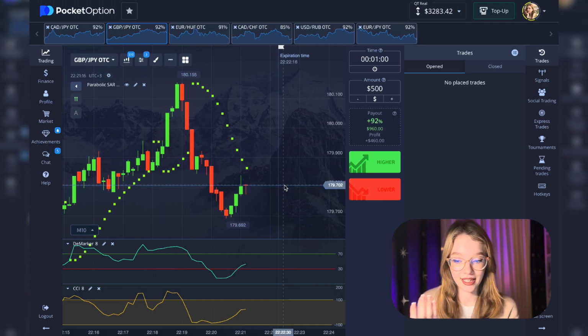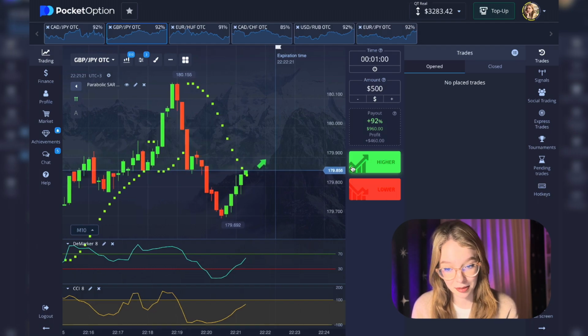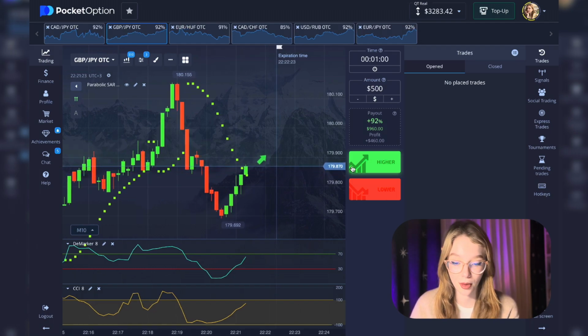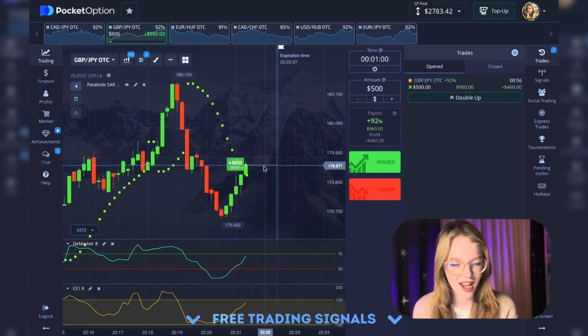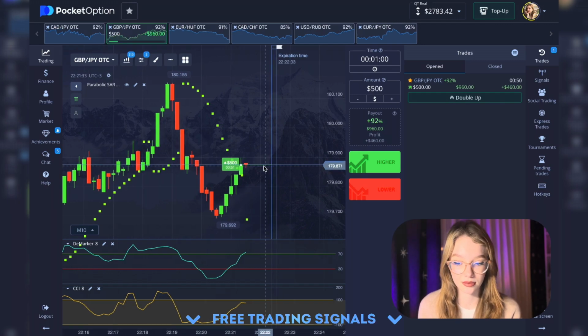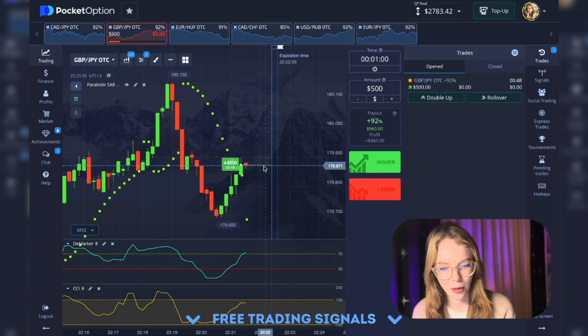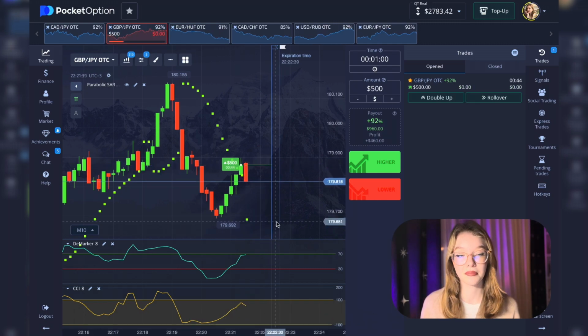On this pair, I noticed that the chart is actively approaching the parabolic indicator line, and the other two charts are almost at the very top. So I urgently open a trade for the upper mark and wait for my profit.